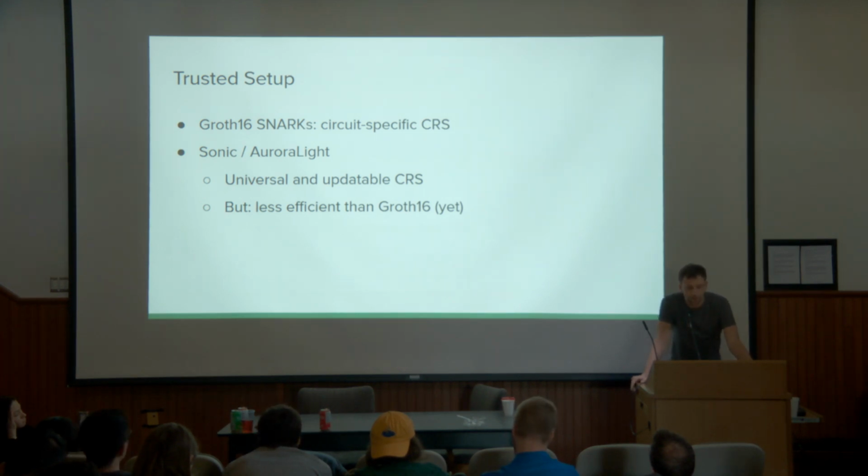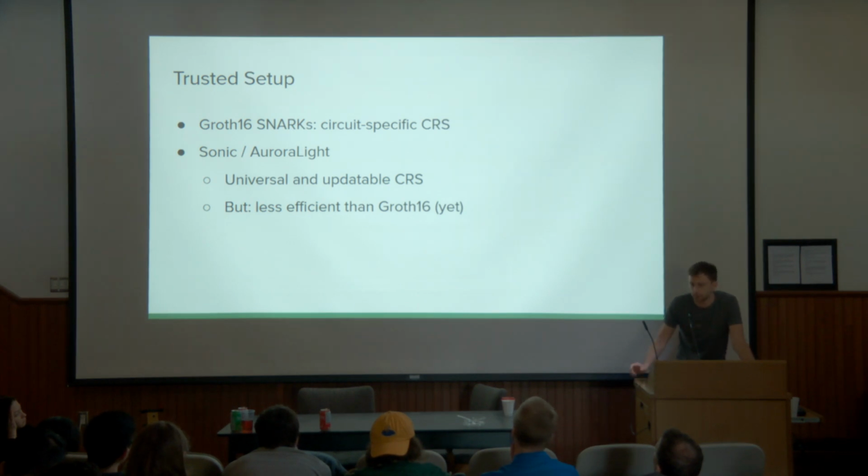And unfortunately, the most efficient proof system which we have right now, which is Groth 16, also requires circuit-specific trusted setups. So we need to do it for every application, for every upgrade of the application, which is really uncool. There are efforts to change this, such as Sonic, and recently we had the newly published Aurora Light paper, which have a universal and updatable trusted setup.